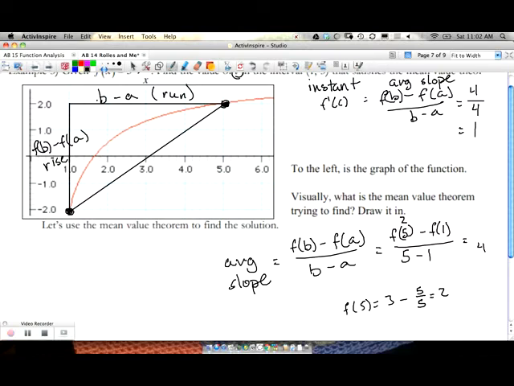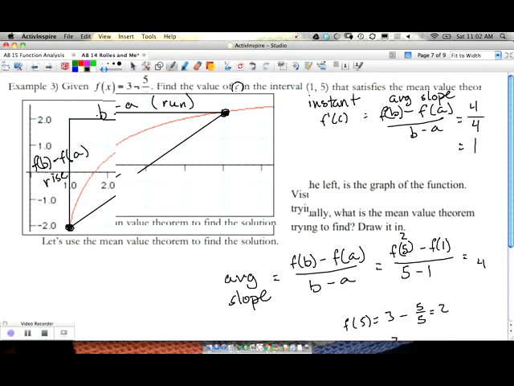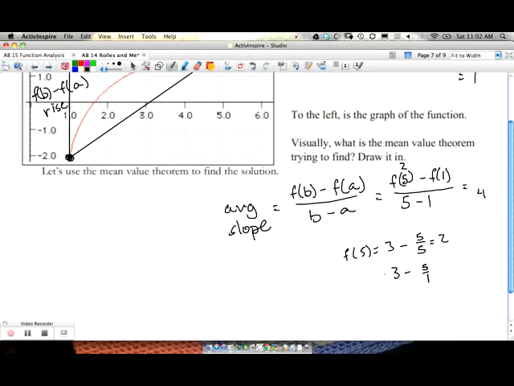So up top, this is a 2. Then what would be f of 1? This is going to be 3 minus 5 over 1. 3 minus 5 is negative 2. So it's going to be 2 minus negative 2, which does add up to 4.